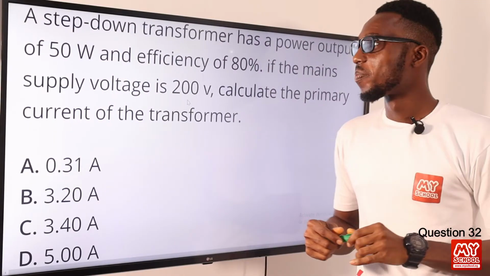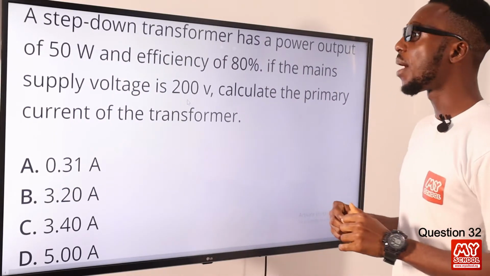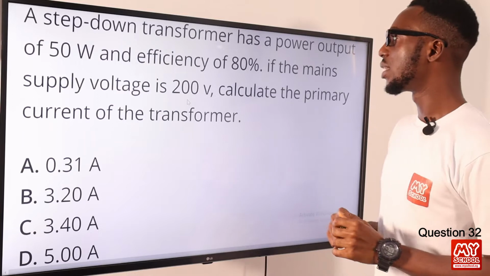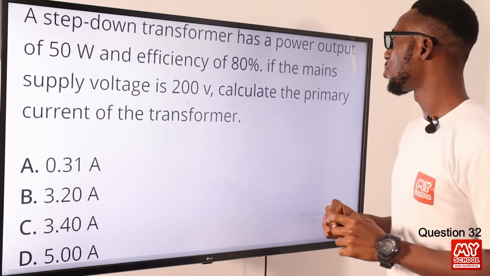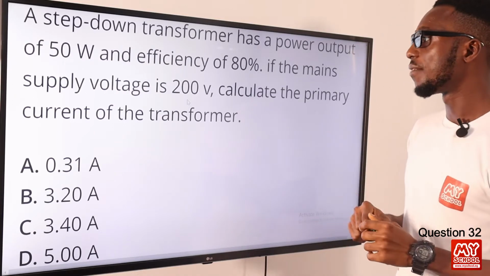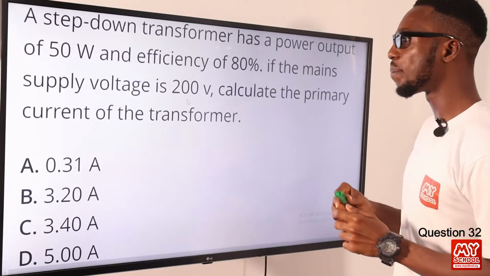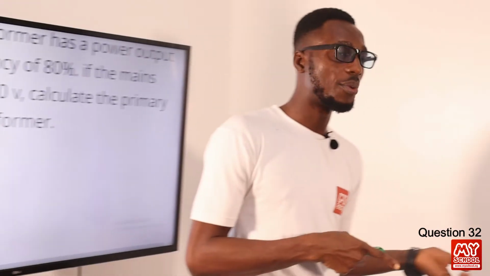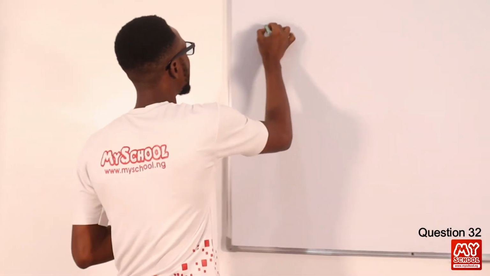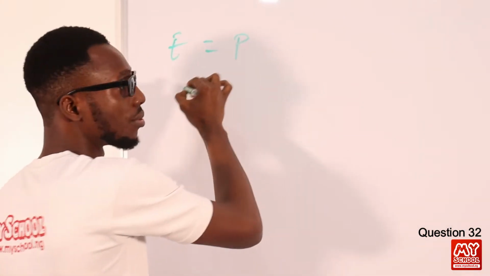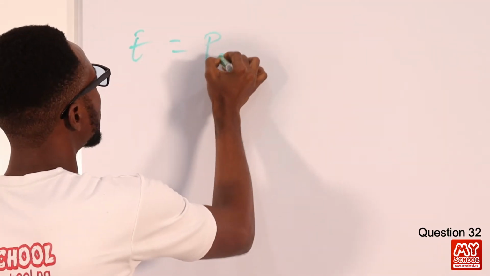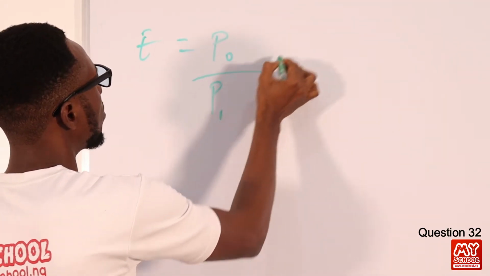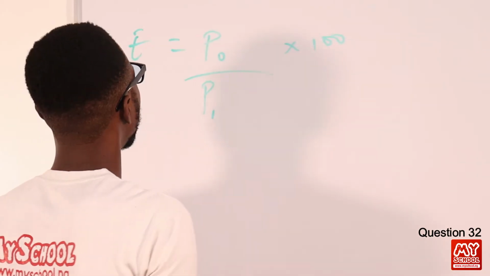Number 32. A step-down transformer has a power output of 50 watts and efficiency of 80%. If the main supply voltage is 200 volts, calculate the primary current of the transformer. So remember the efficiency that we're referring to in this concept. Efficiency is power output over power input times 100, isn't it?